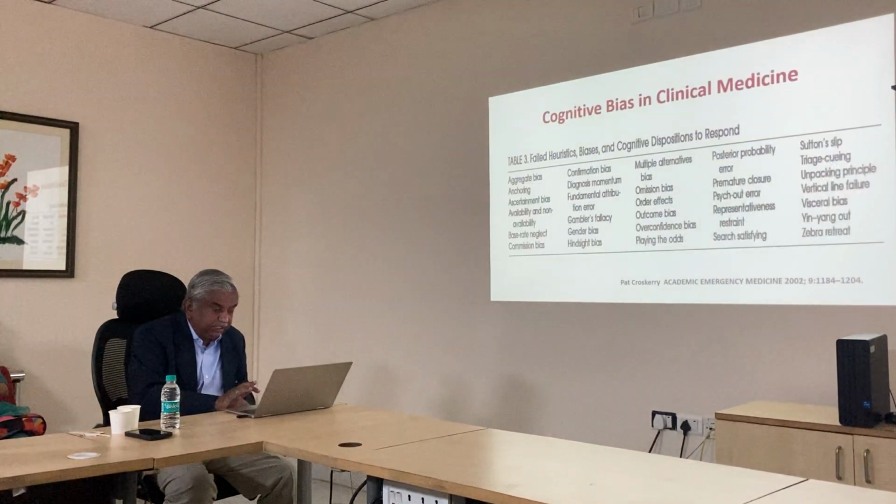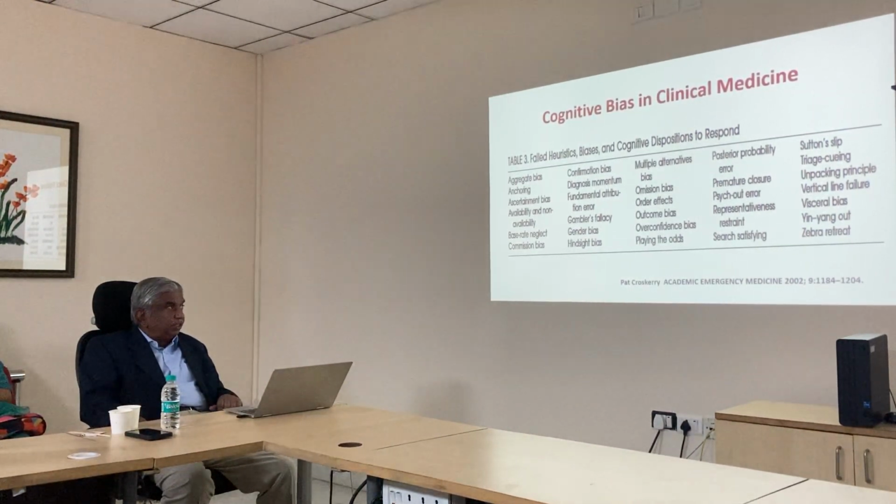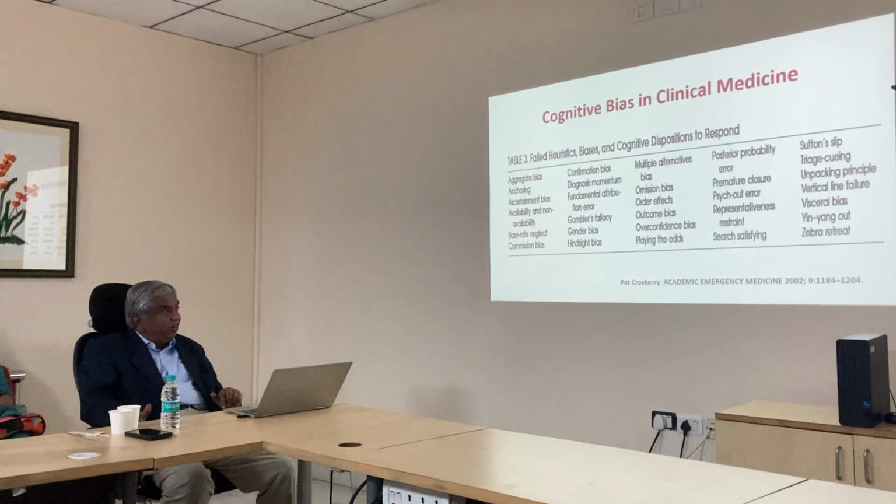Most of the time, these cognitive errors run through the back of the mind and we err because of this. In fact, there are 30 cognitive biases described in clinical medicine in this beautiful article. You just note down this article, you can read it. It's an excellent article where each of these errors has been described with examples.